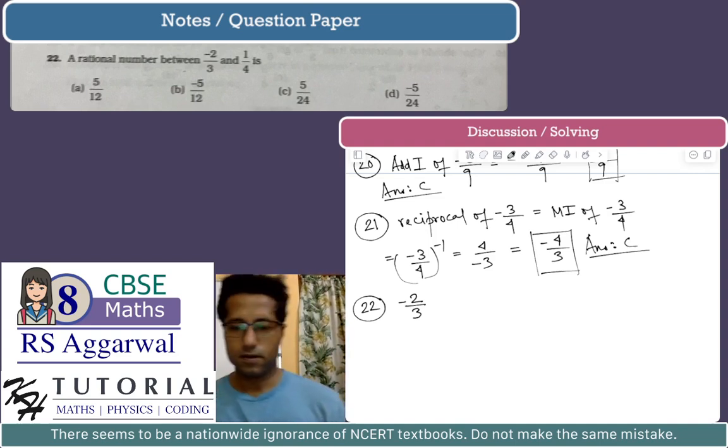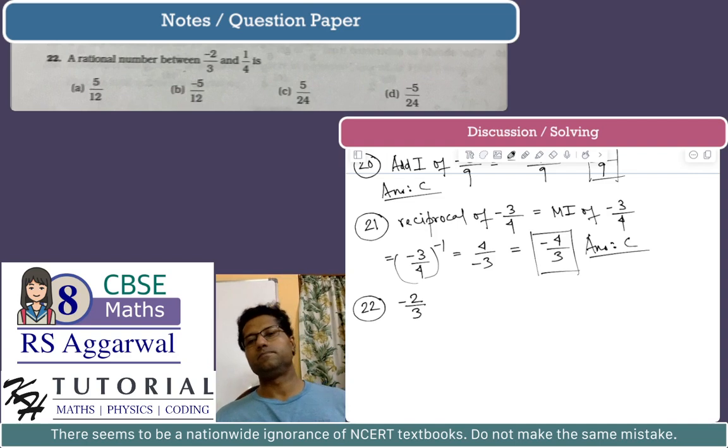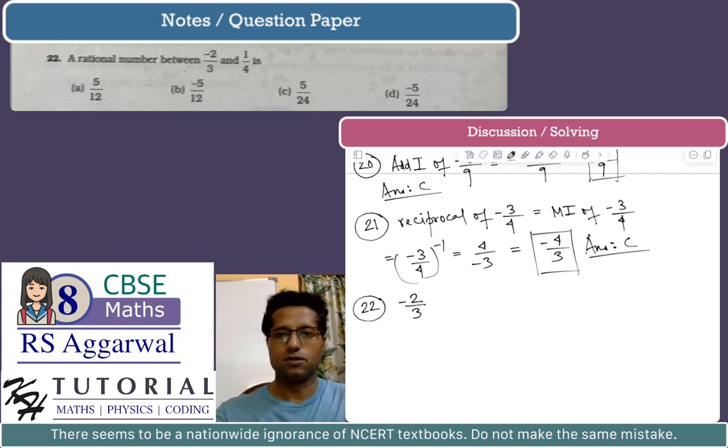If you remember, I discussed in the last theoretical video finding rational numbers between two given rational numbers x and y, where x is less than y. In this problem we are asked to find a rational number, so it is easy. We have to find one rational number between x, which is given to be minus 2 by 3, and y, which is given to be 1 by 4.